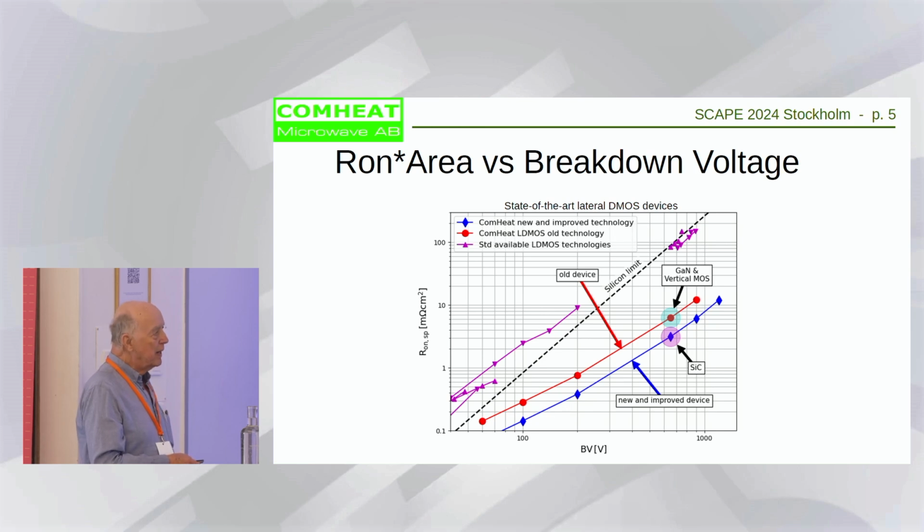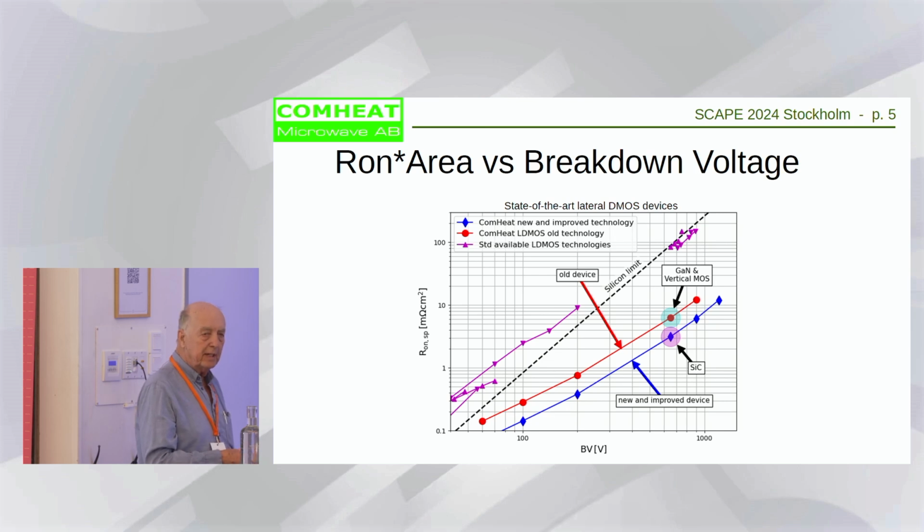We are comparing with silicon carbide and GaN, and we are about in the same region. I think we have probably more improvement because we can include the Schottky diode without any area, whereas other people have to add nearly a factor of 2 in area.